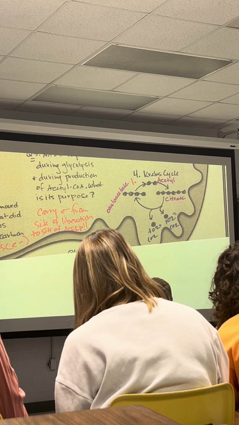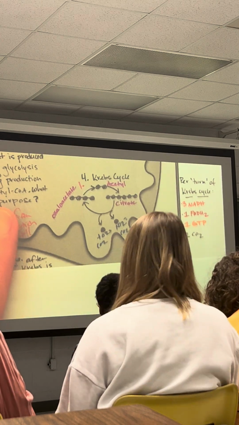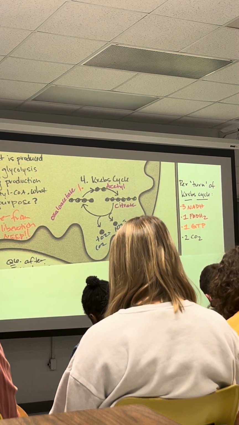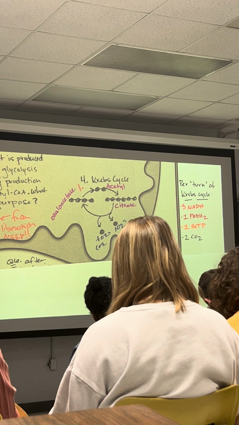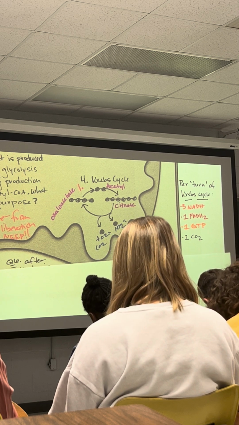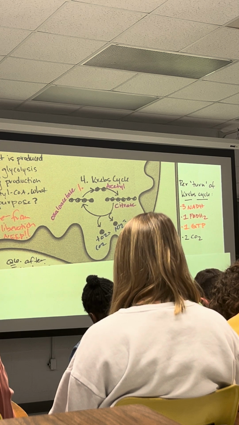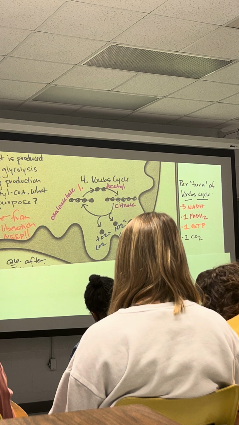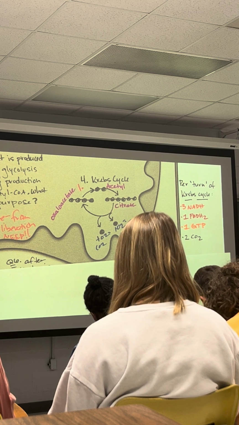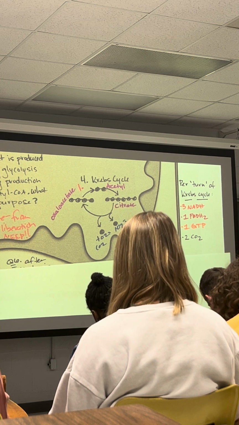So when we look at what is the purpose of Krebs, per turn of Krebs, this is what we get, which means per acetyl-CoA molecule that enters, we get all this stuff. Krebs is a big deal. We get 3 NADH. There's 6 electrons there. We get 1 FADH2, 2 electrons there. A molecule of GTP, which is a high energy compound, very similar to ATP, and we got 2 carbon dioxide molecules.